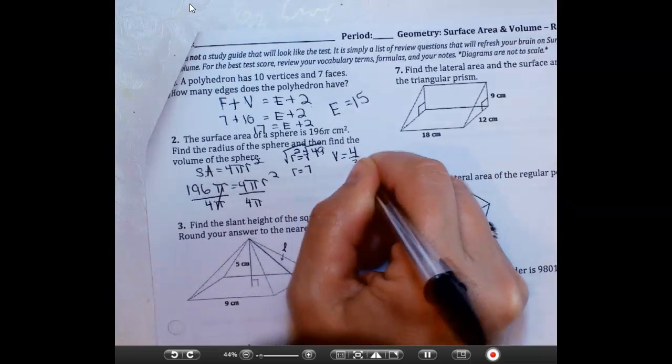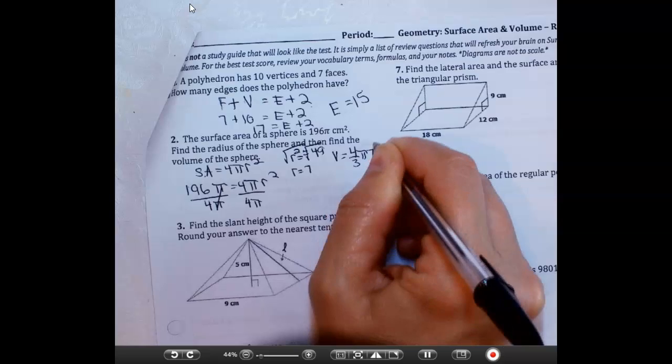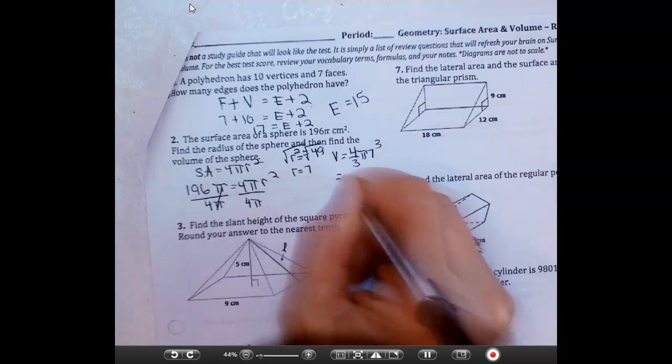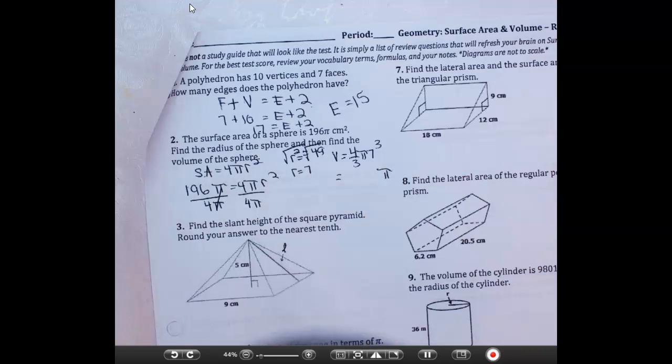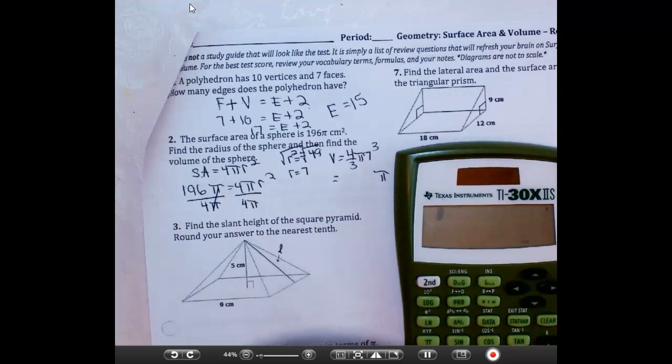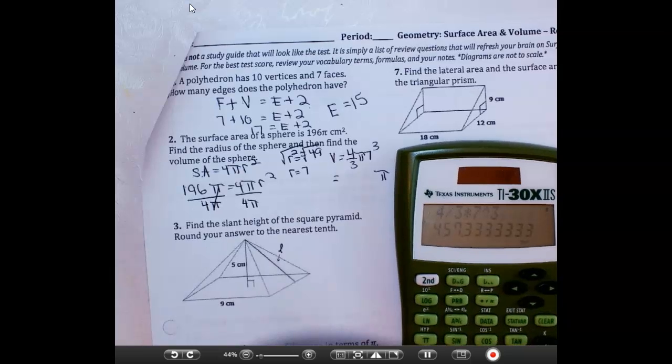Volume is 4/3 pi r cubed, so that would be 7 cubed. And I'm going to leave this in terms of pi, so I'm going to put that pi off to the side. We've got 4/3 times 7. I'm going to use that caret button to the third power, and we get 457.3 repeating.